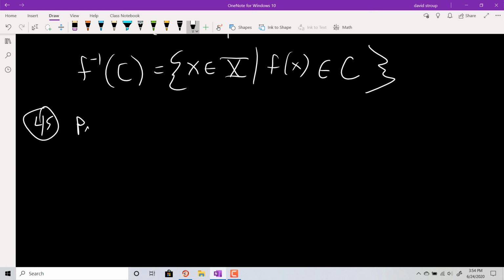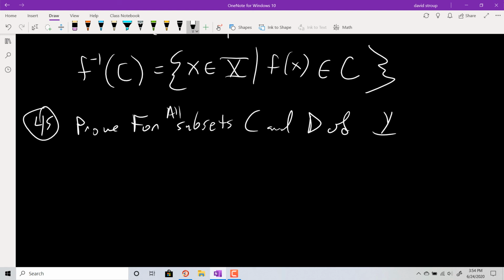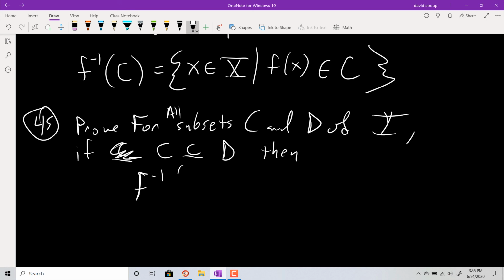We want to prove for all subsets C and D of the codomain Y, if C is contained in D, then big F inverse of C is contained in big F inverse of D.